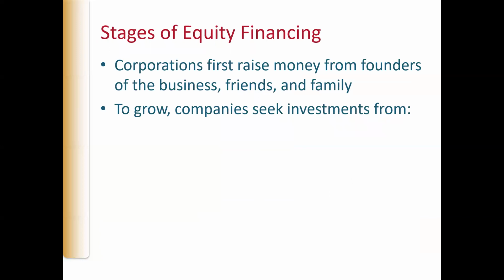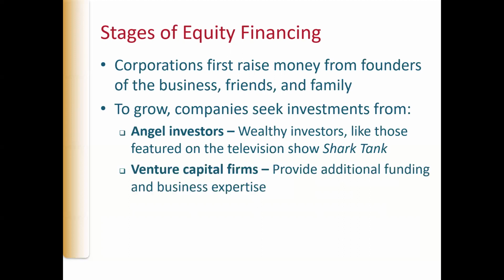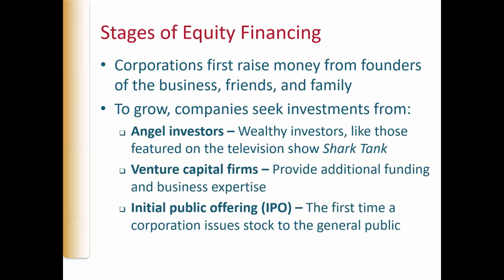When a corporation begins, they first raise money however they can from those within their sphere. And then as companies grow, they'll try to seek monies from various sources, angel investors, venture capital firms, and IPOs.